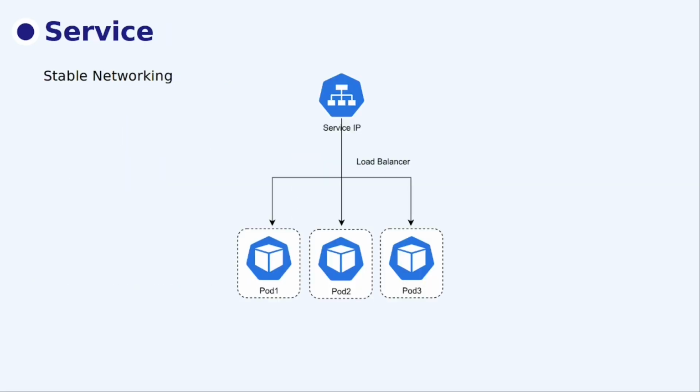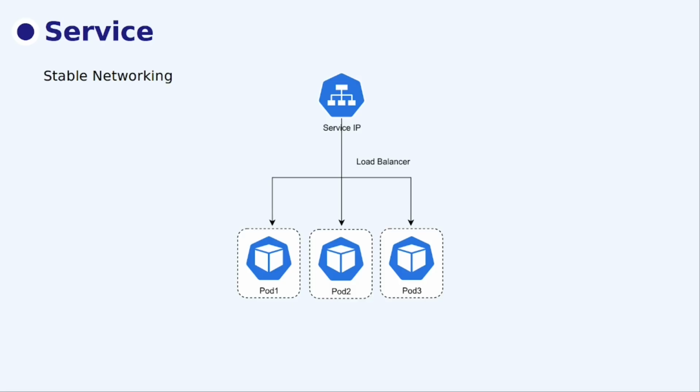Service. Finally, we need a way for users or other applications to access the Pods. This is the role of a Service in Kubernetes. Pods are dynamic. They can be created or destroyed at any time. Their IP addresses may also change, so directly connecting to a Pod is not reliable.